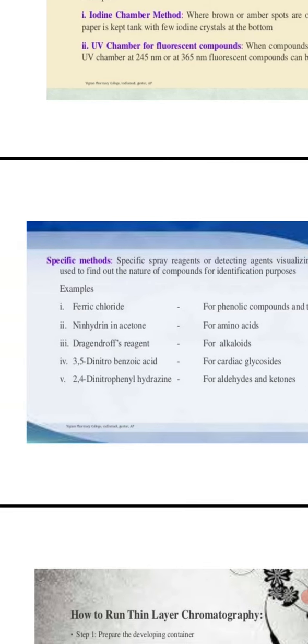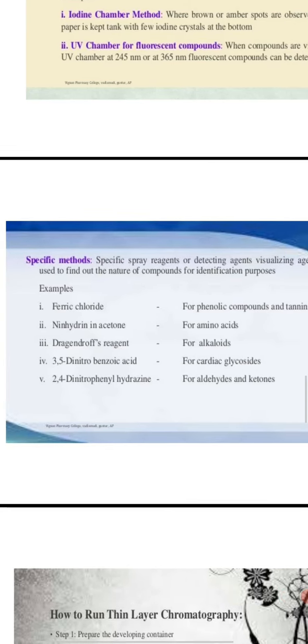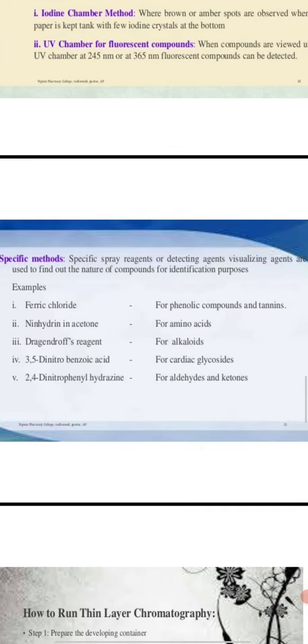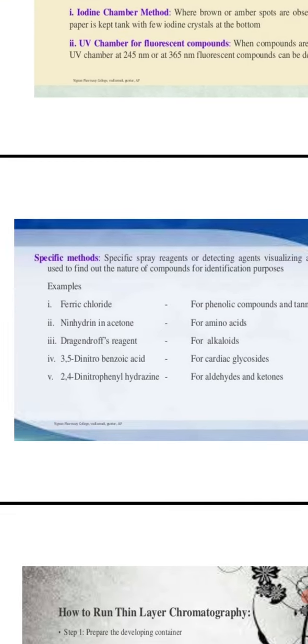Examples are ferric chloride, with which phenolic compounds and tannins can be identified. Ninhydrin in acetone can be used as a spraying reagent to identify amino acids. Then Dragendorff's reagent is used for identification of alkaloids. Then 3,5-dinitrobenzoic acid can be used for the detection of cardiac glycosides.